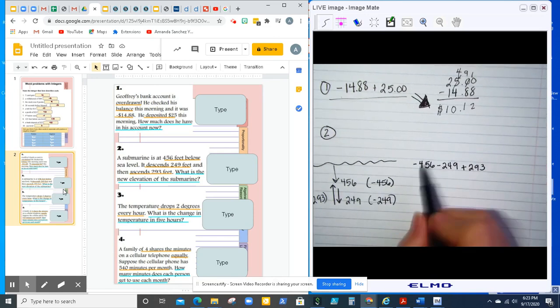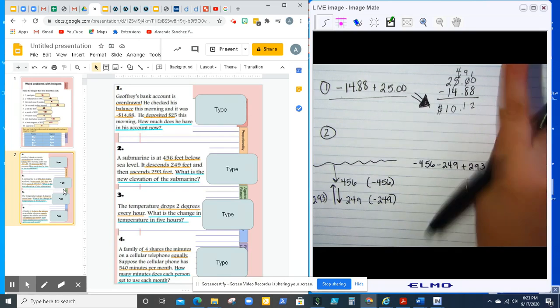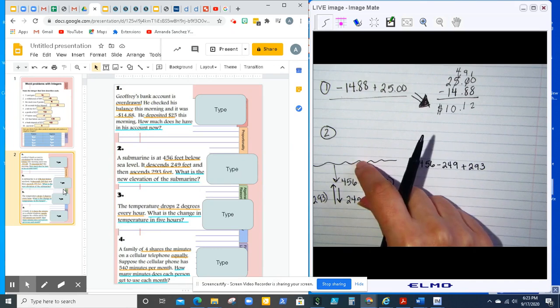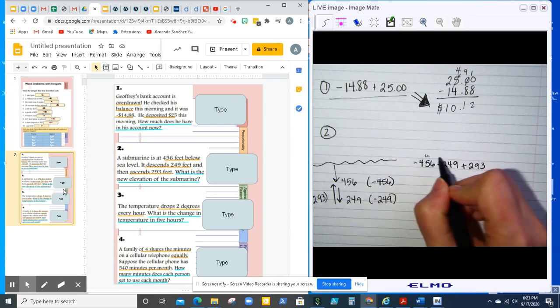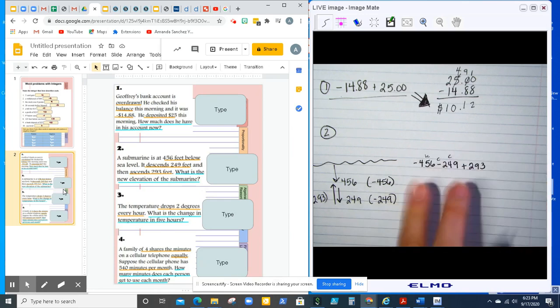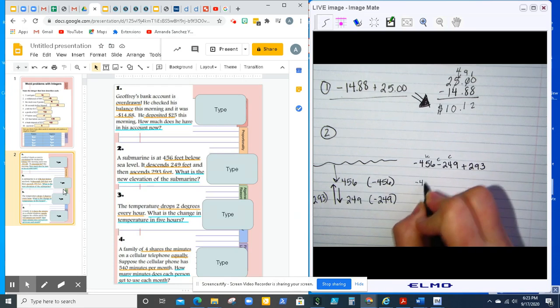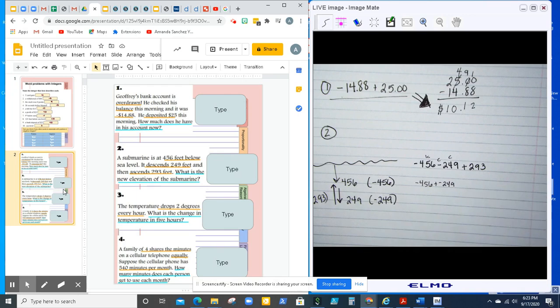So starting off here, it goes an additional 249 and then goes back up. So first you have to add those two numbers together. If you do your keep, change, and I'm only focusing on these two numbers first, this becomes negative 456 plus a negative 249. So then we've got to add that.